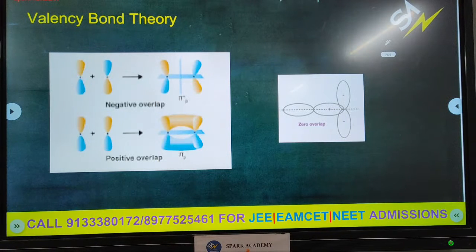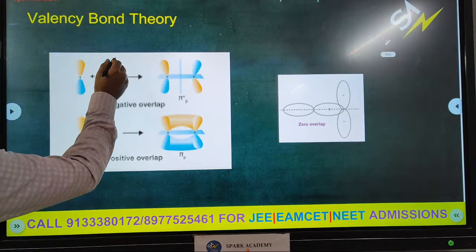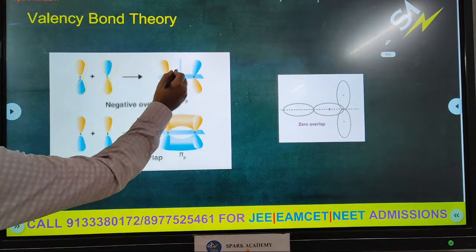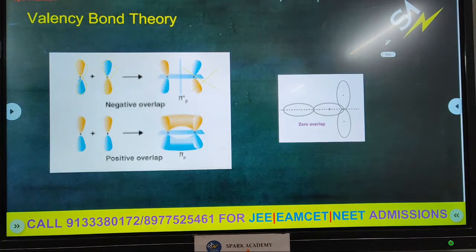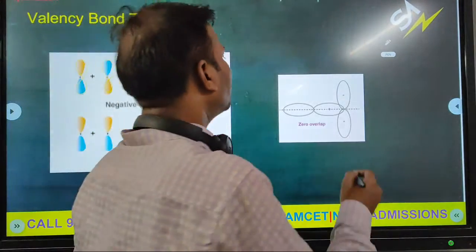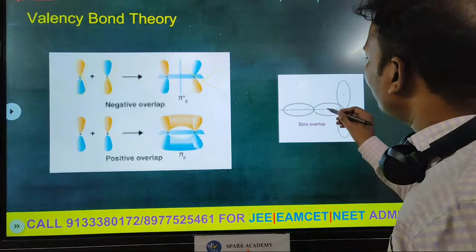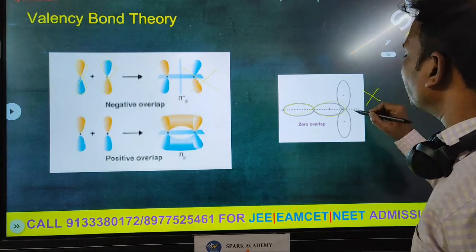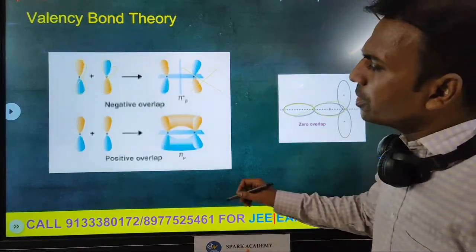Now, in valence bond theory, not all orbital overlaps are fruitful. Some overlaps of the orbitals are negative. See this diagram, the figure showing this overlap is not a fruitful overlap. This overlap is negative overlap. What about this overlap? This overlap is zero overlap, because there is no formation of a bond. And what about this overlap?